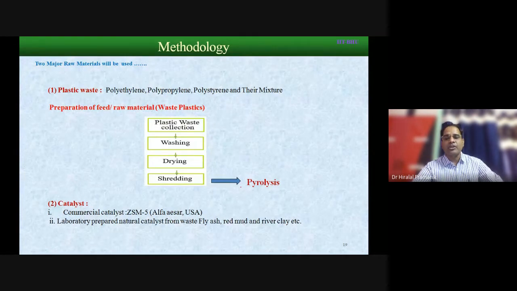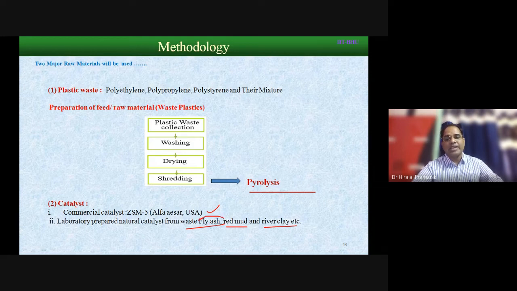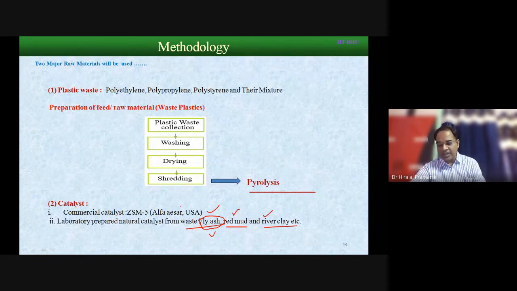Then you should go for pyrolysis. Second one is catalyst, ZSM5, commercial, as well as fly ash synthesized catalyst. There is red mud or river clay that can also be used, but we have taken fly ash here. We have studied all, but I will show you the fly ash and compare with the ZSM5.